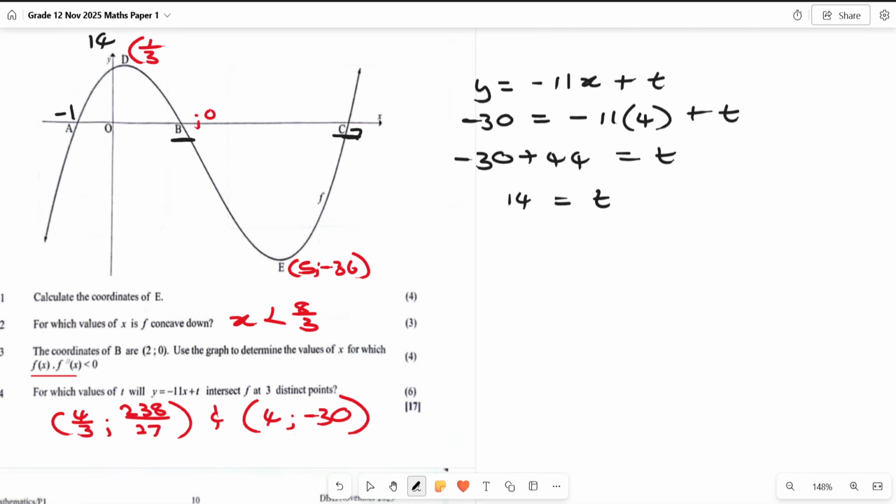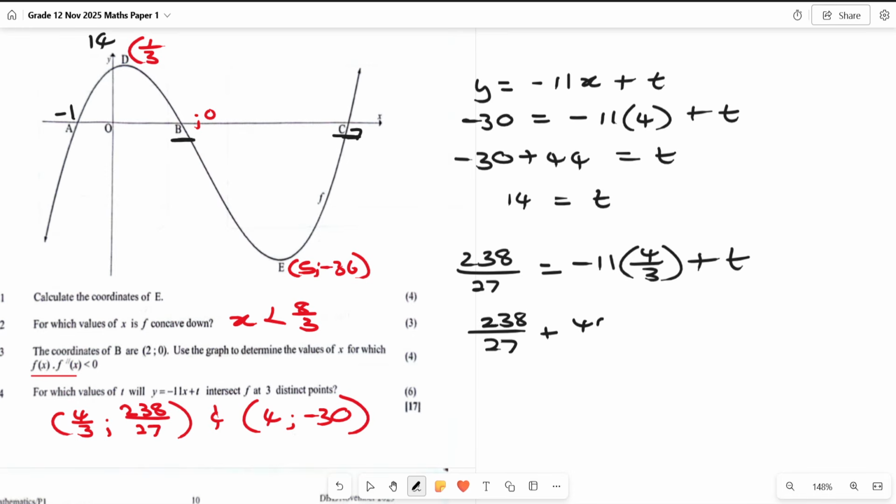So we're going to put 238 over 27 is equal to minus 11, and then we're going to put 4 over 3 here, plus t. Now let's just find out what we're going to get. We're going to get 238 over 27 plus 44 over 3 is equal to t.